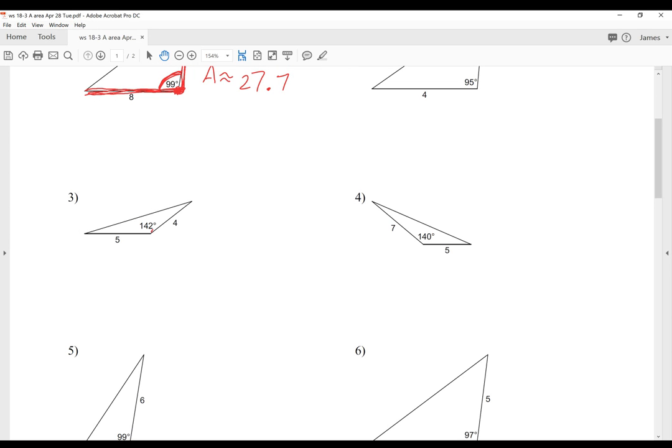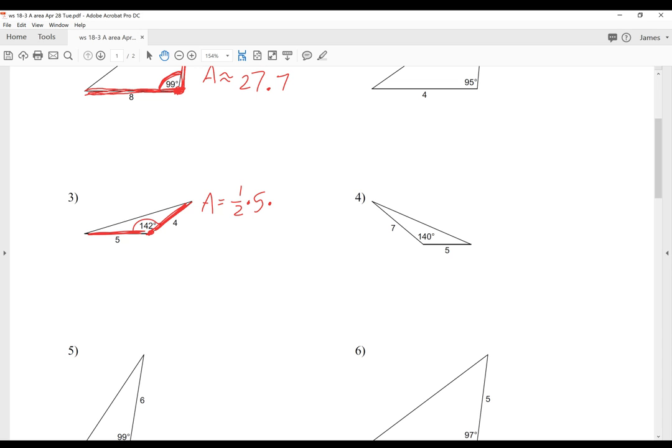Okay, so let's try number 3. Again, the 4 cannot be the height. It's very slanted, but it's okay because we're going to be adjusting that by using the angle 142 degrees. So the two sides that we'll be using are 5 and 4, and the angle is 142. So the area is 1/2 times, well, it looks like base 5, but it doesn't have to be the base.